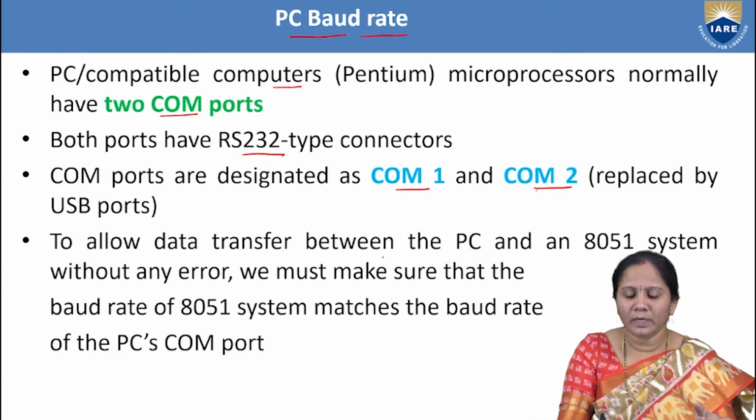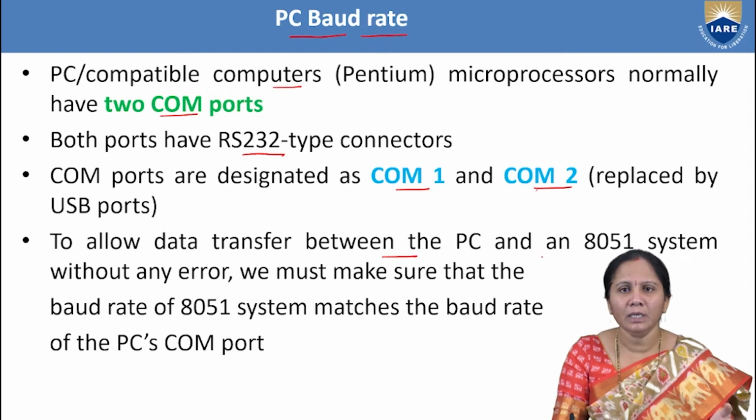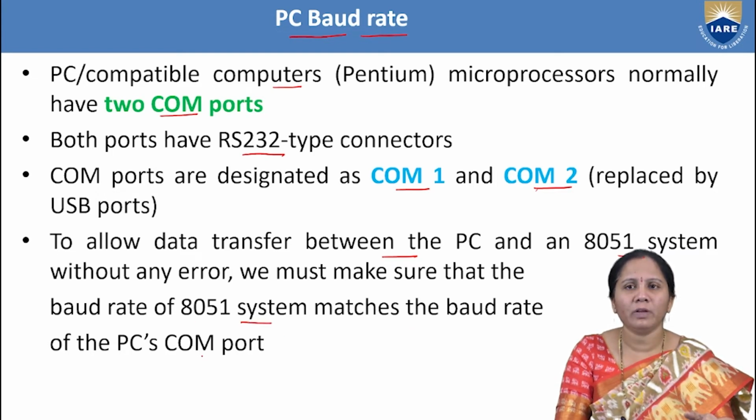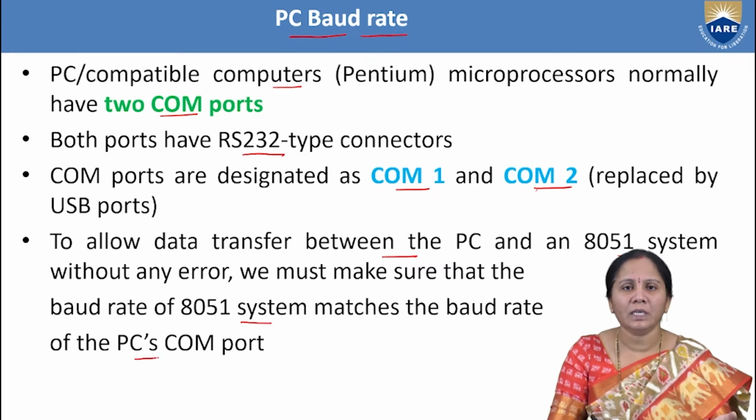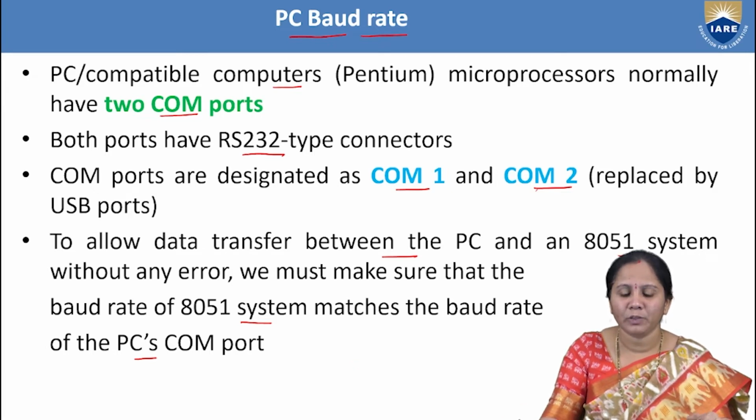Now, to allow the data transfer between PC and 8051 microcontroller without any error, we have to make sure that the baud rate of 8051 microcontroller and the baud rate of PC COM port should be matched with each other. Only if the baud rate is matched between these two devices can the data transfer be performed without any errors.